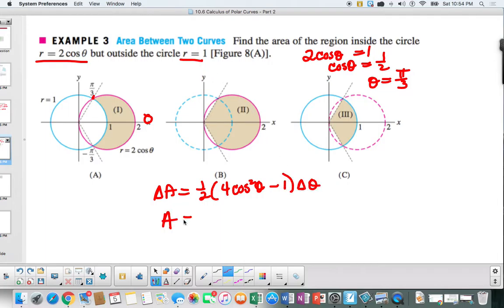So my area will be equal to twice times 0 to pi thirds, 1/2, 4 cosine squared theta minus 1 delta theta.